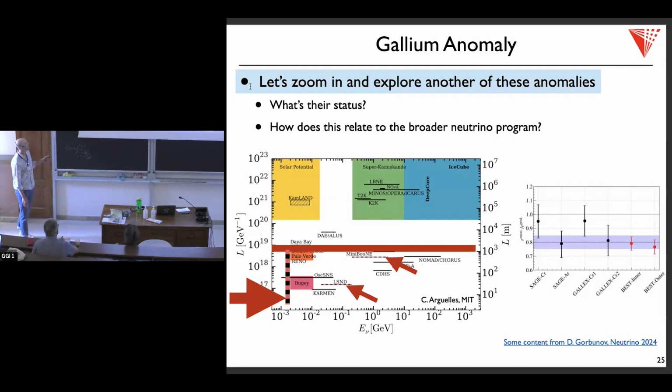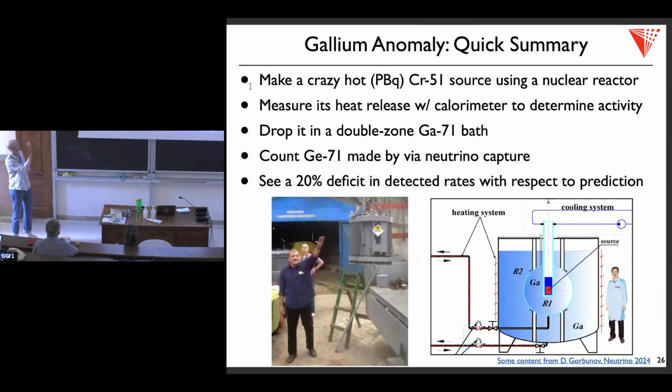So is an experiment that's down in the same region of this plot I showed before. We have chromium 51. Basically, the chromium target in. Now you've got chromium 51.